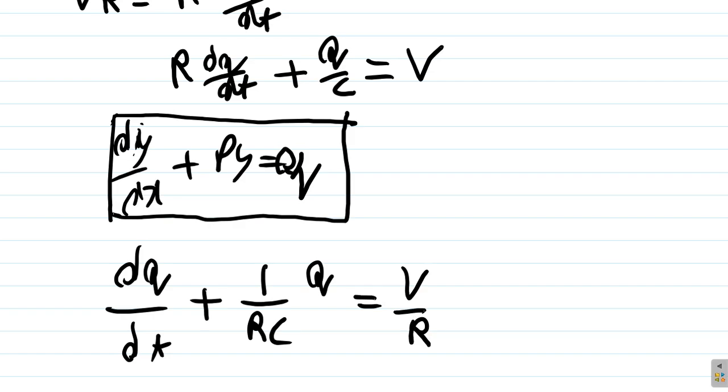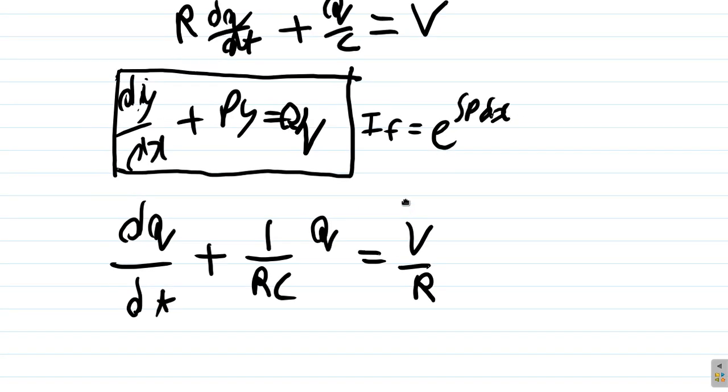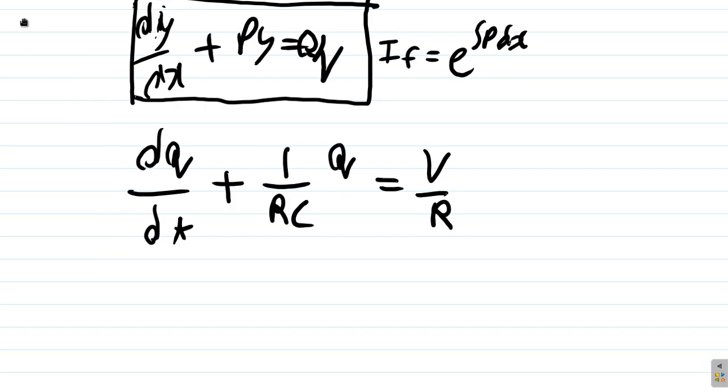Alright. Now in this case, the p is in the same position as the 1 over RC, right? And you remember, when you solve this, you multiply by the integrating factor, which is e to the integral of p dx. We're going to do the same thing here. In this case, the integrating factor is equal to e to the integral of 1 over RC.